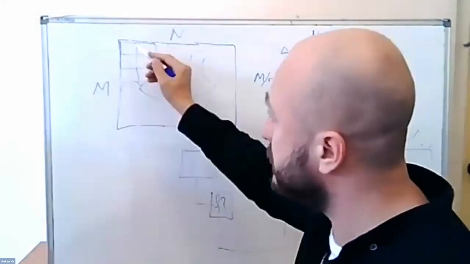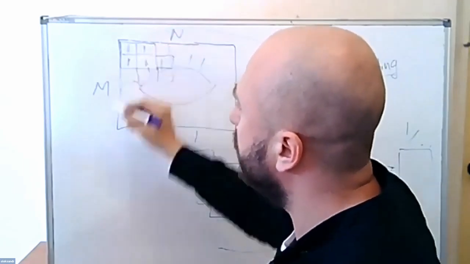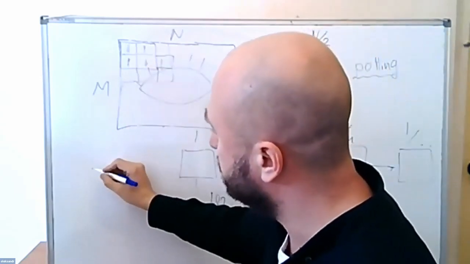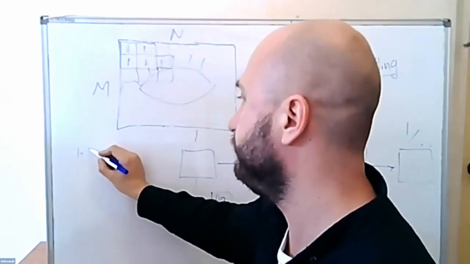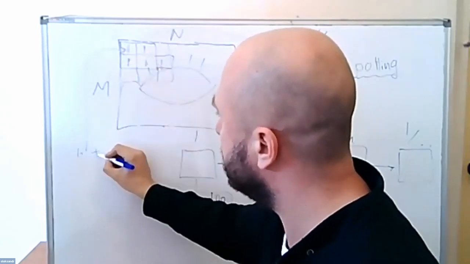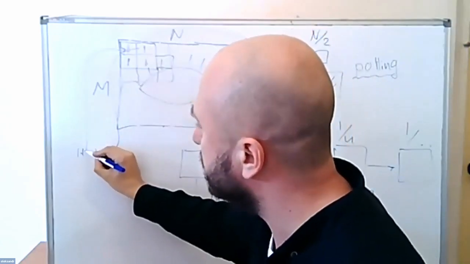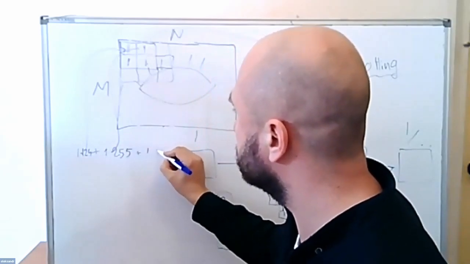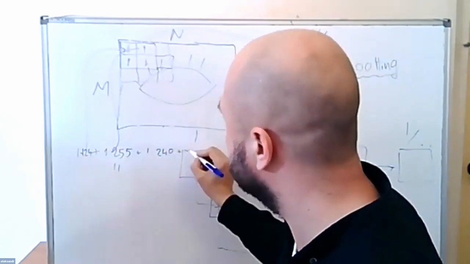For example, the simplest one, we just put here coefficients 1, 1, 1, 1, 1, and we compute the value of this pixel like 1 times the value of this pixel plus 1 times the value of this pixel, so that we can get something like this, and finally get the result.